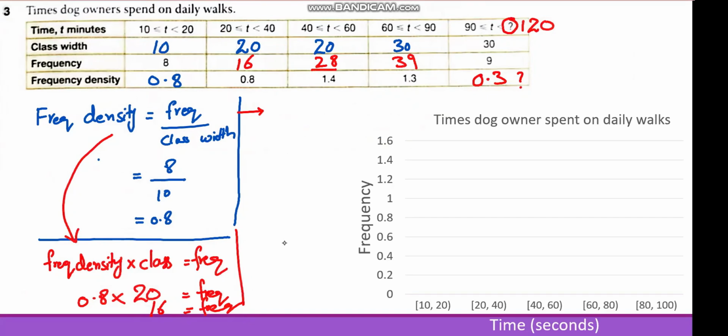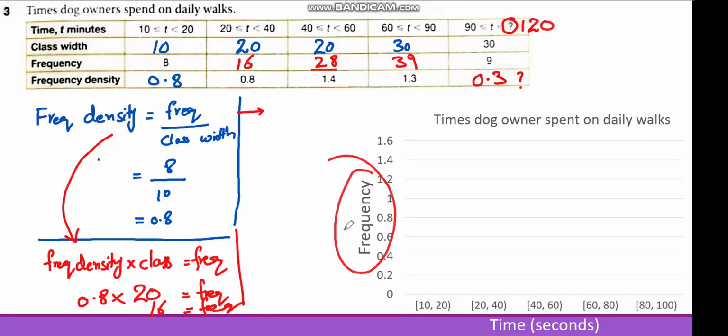Now let's plot the histogram. For the histogram, again, we need to give the labels, which means the x-axis and y-axis, and also we need to give the title. On the x-axis, the time is mentioned, and you can observe that I have put the square bracket here because 10 was included in the first interval while 20 was not included in the first interval, so I have used the small bracket.